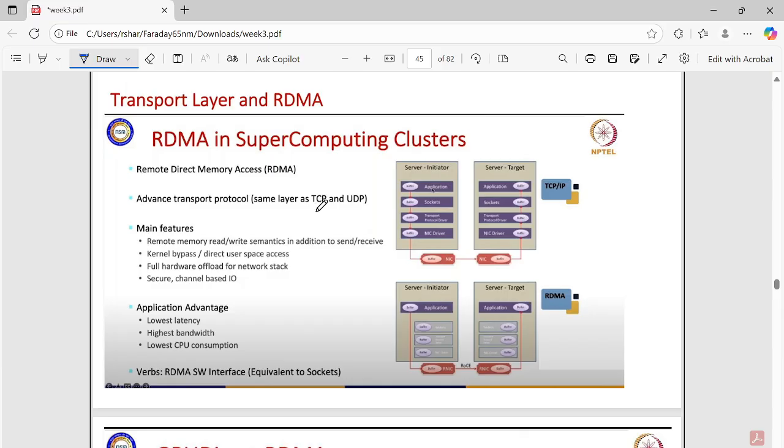So this is actually TCP/IP. The application contains data in a particular buffer, and that buffer is part of the RAM. The application copies that buffer to the socket.